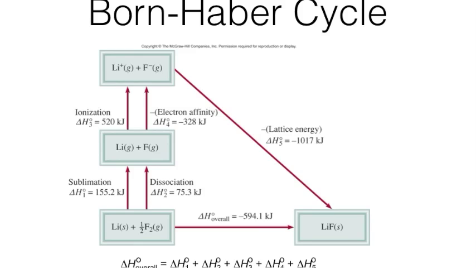Now, this can be looked at in terms of what we call a Born-Haber cycle. Okay? This is nothing more. Oh, look. Delta H is equal to H1 plus H2 plus H3. What do we call that?